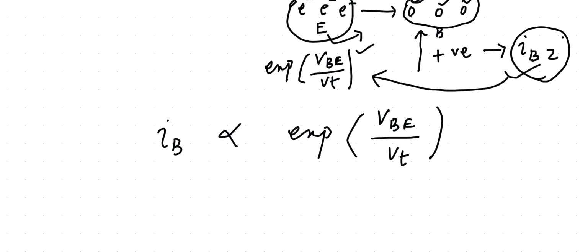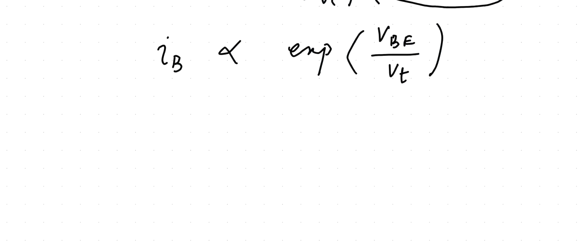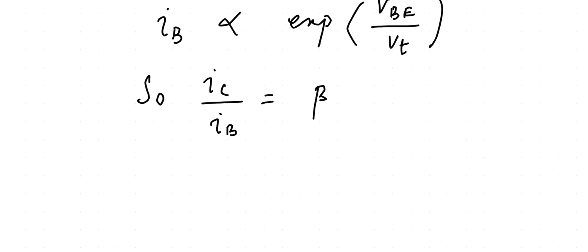Now if we take the ratio between IC and IB, that will be a constant, because both are directly proportional to exponential of VBE by VT. IC is much larger than IB. This beta that we have written is known as the common emitter current gain.